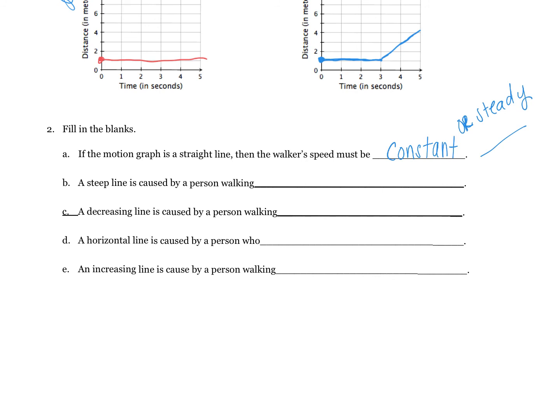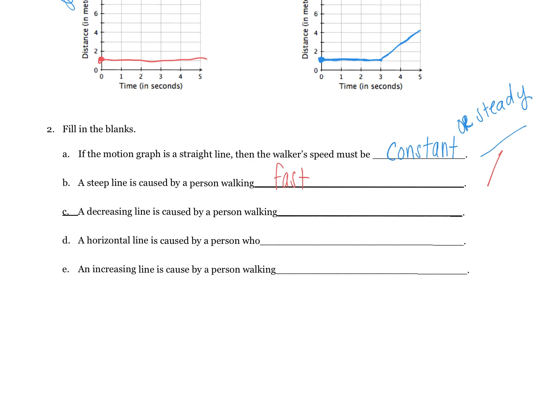So, a steep line, so if it was something like this, a steep line is caused by a person doing what? So remember, over time, it increased very quickly. So our walker must have been moving fast. Okay?